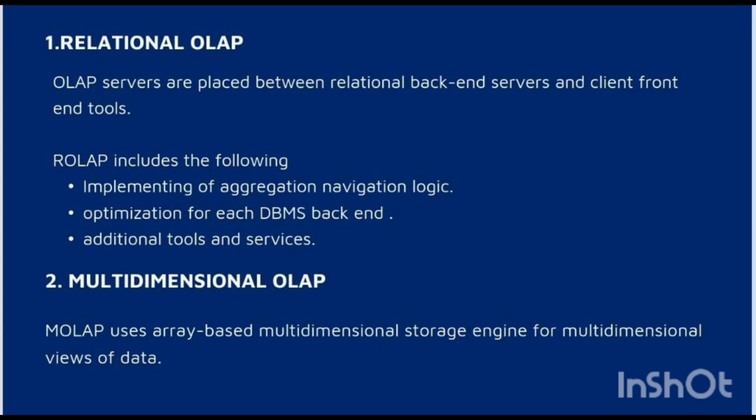So we all know the word relation. So OLAP servers are placed between relational backend servers and client frontend tools. So it will relate both backend and frontend. It will retrieve the data from backend and give it to the users or clients. So it is used in both backend and frontend.